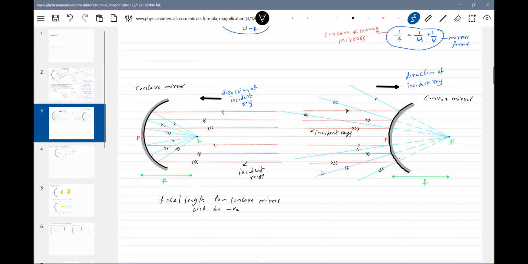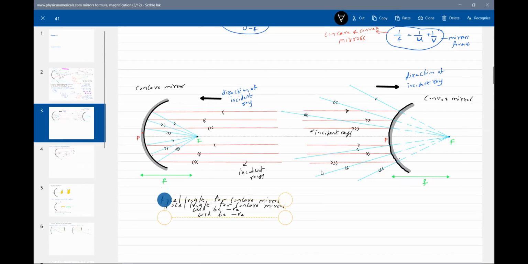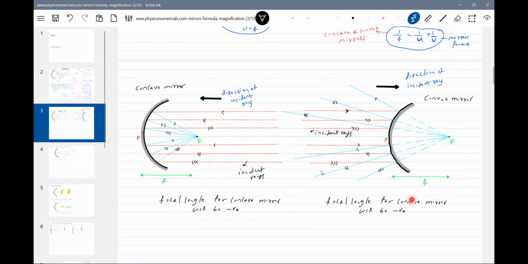So the focal length for a convex mirror will be positive. This is very important. When we are doing any problems, the focal length of concave and convex mirrors we have to substitute with sign. Getting the picture now?